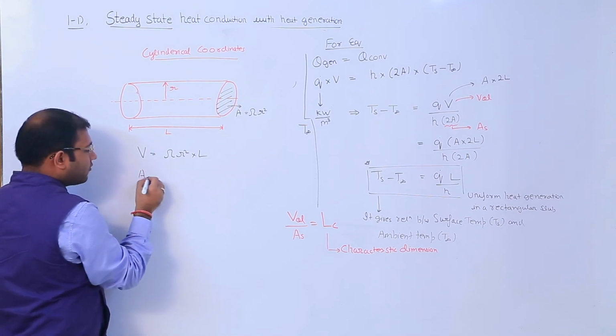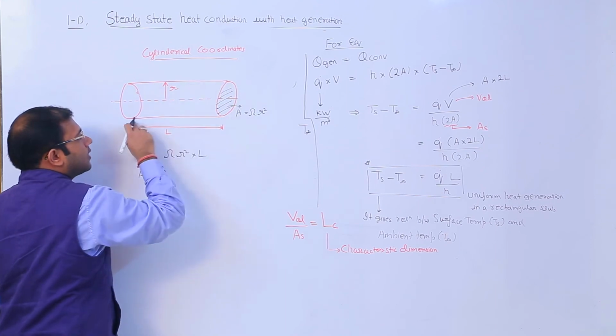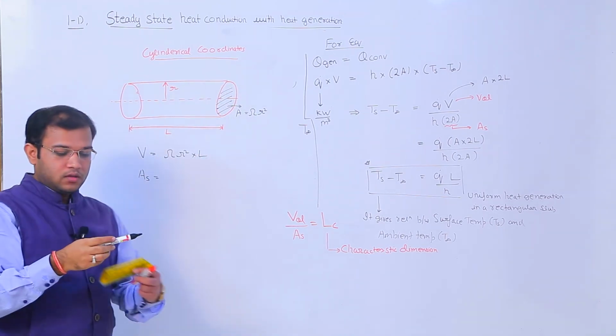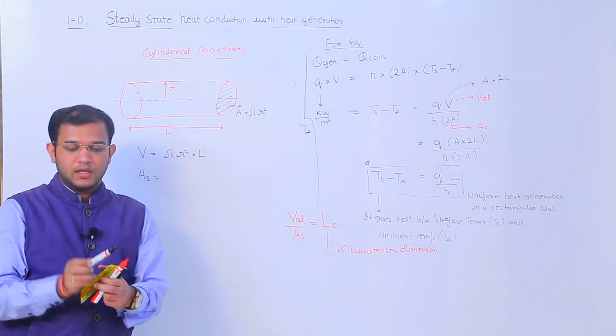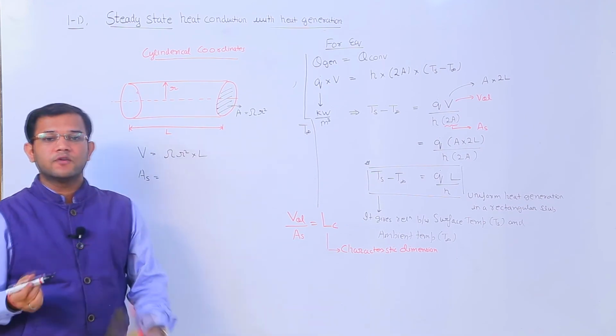and what will be the surface area? The surface area, this one and this one. So suppose this is the cylinder, so this area is your surface area.